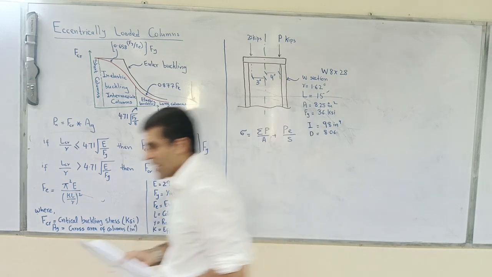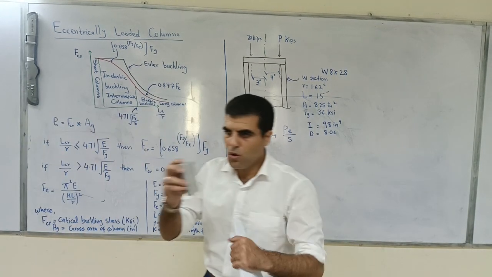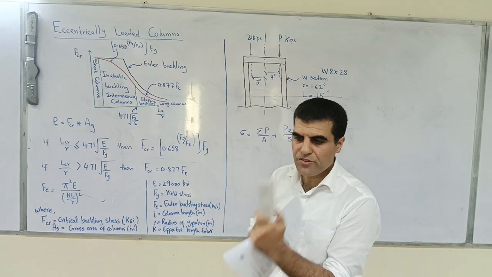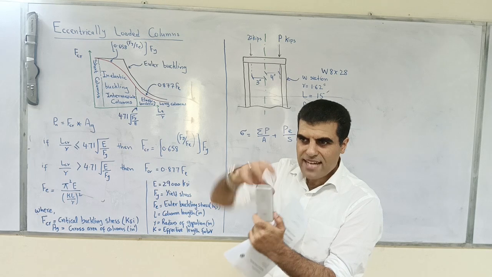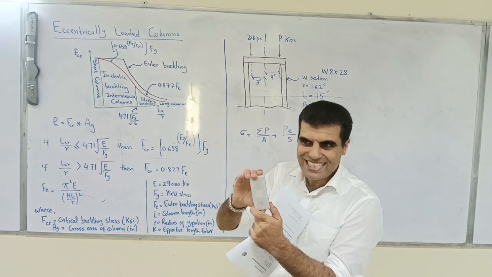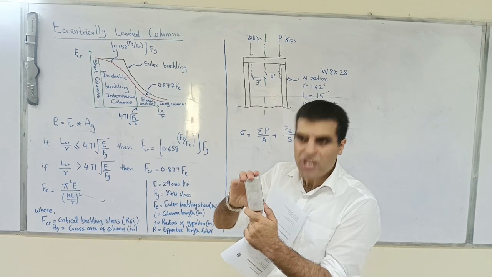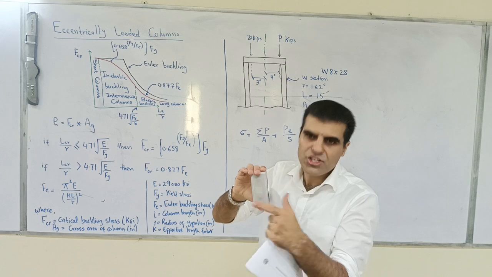So what happens is that if you go for a stiffer member, which means whose area of cross section is bigger as compared to the length of the member, then there is a possibility that it will actually crush. So it won't buckle. In other words, it won't bulge out.